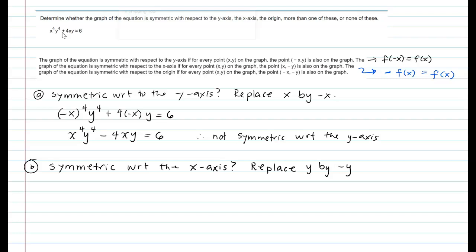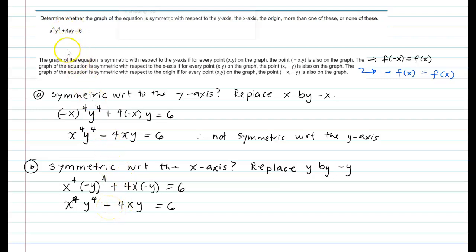So to do that, we will have to replace your y by negative y, so negative y to the fourth power plus 4x times negative y equal to 6. Again, this would just be x to the fourth, y to the fourth, minus 4xy equal to 6. And hence, we did not get the original equation back.